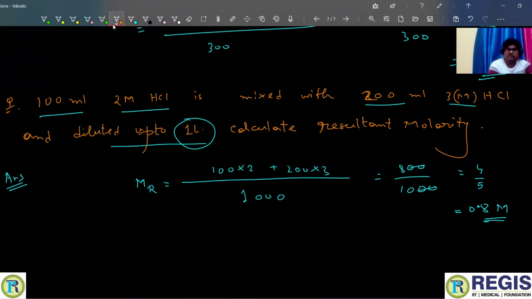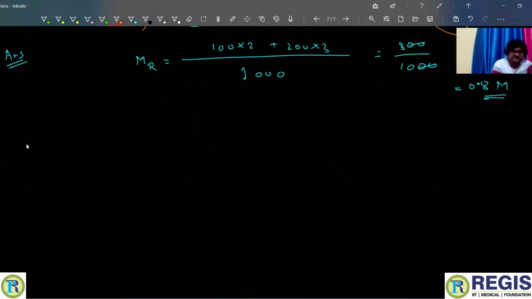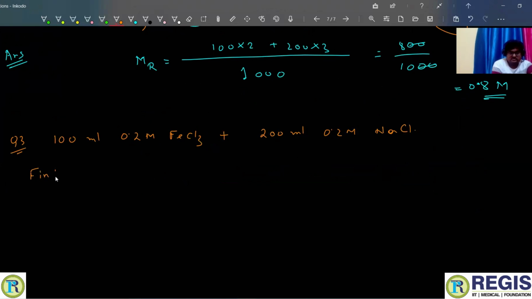Okay. Now moving to the third question. 100 ml of 0.2 molar FeCl3 is mixed with 200 ml of 0.2 molar NaCl. Find out the molarity of Cl minus ions in the resulting mixture.